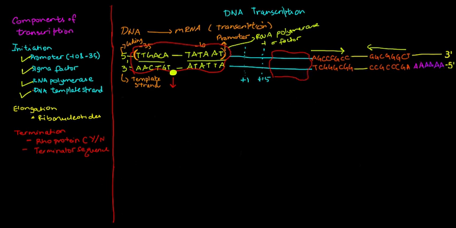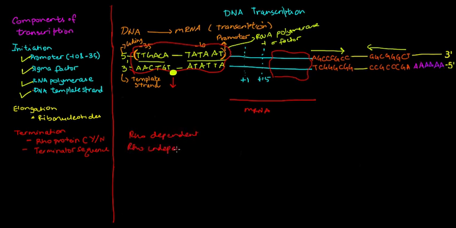Once my RNA polymerase synthesizes the mRNA, so this is my finished mRNA, it transcribes these. These are the terminator sequences. There are two types of terminator sequences in transcription: rho dependent and rho independent.